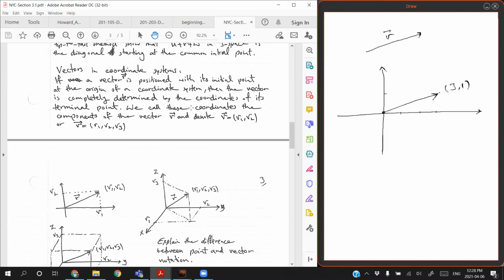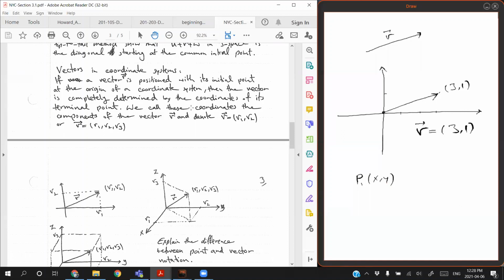So for example, if this is a vector from two-dimensional space, I can fully describe it using the terminal point (3, 1). When you're dealing with points, this is the way you denote them, like for example, P1 is (x, y).